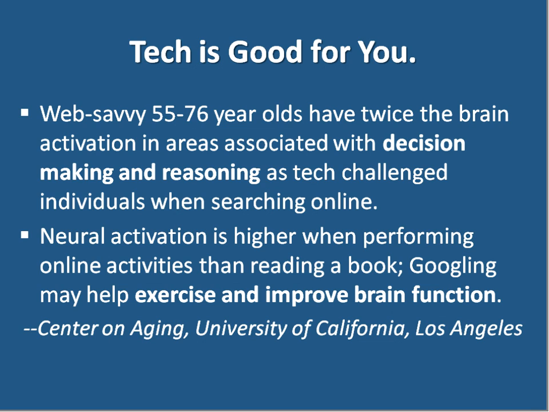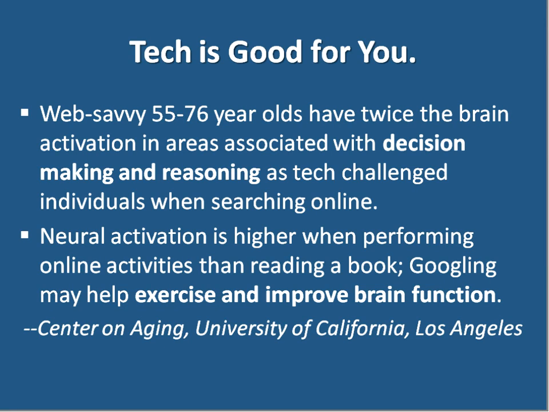There's a big study by the Center on Aging at UCLA, and they found that web-savvy 55 to 76-year-olds have twice the brain activation in areas associated with decision-making and reasoning, much more so than people that were searching online that weren't very used to technology.